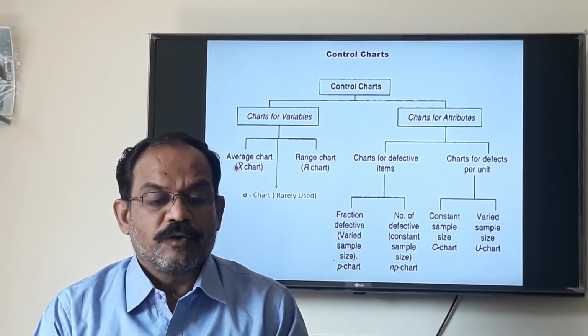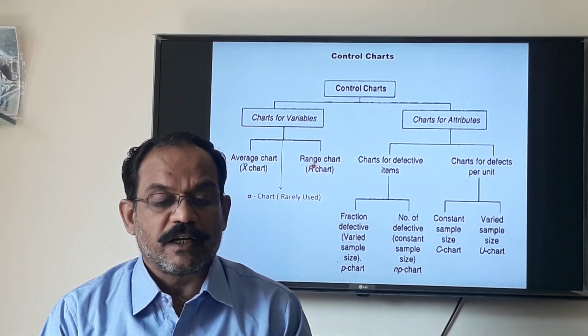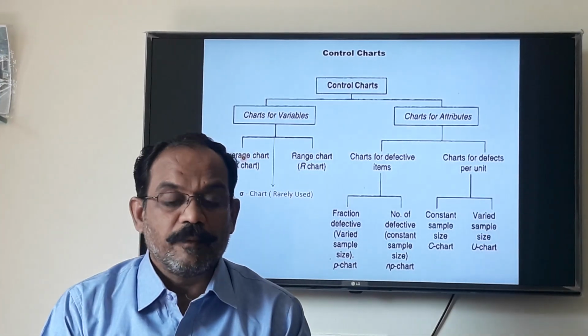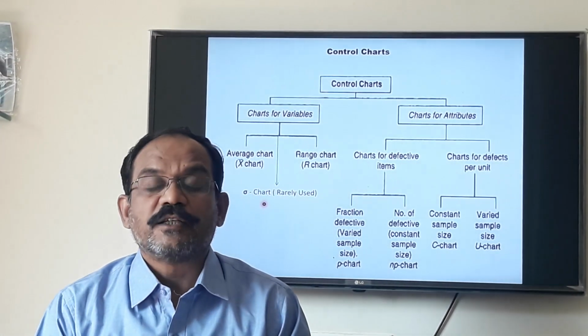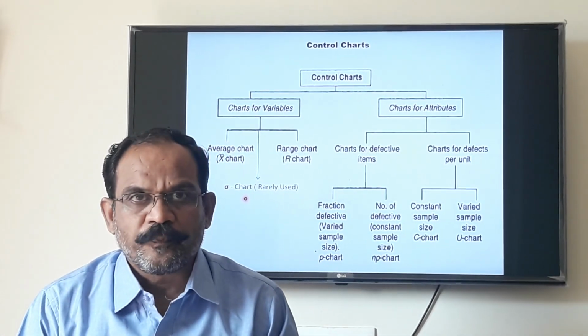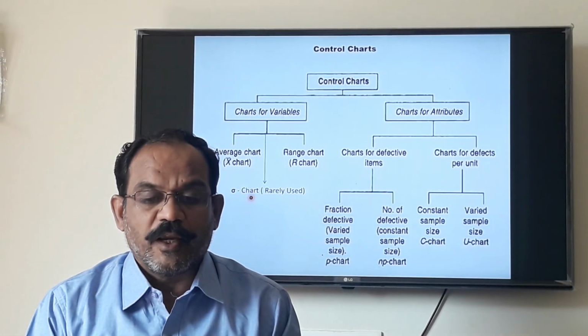Here you can find the X chart and R chart. These are the range chart and average chart. These are the two charts generally used for variable data. Sometimes a sigma chart, that is the process capability chart, also termed the S chart, is also used for variable data.